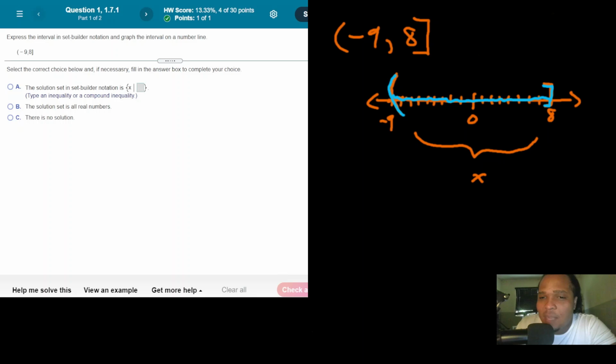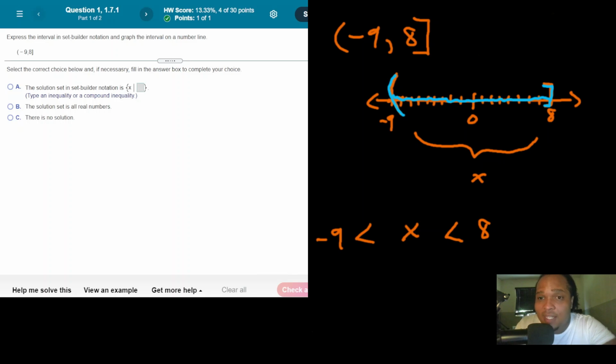So if you're going to use set builder notation, you start by writing your variable. And you're going to put your two alligator mouths going in that direction. Make sure they're both opening up to the right. And you go ahead and put the numbers on the outside that are on the ends. So we have -9, we have 8. And now you have to ask yourself, am I using an equal to symbol or am I not? So on the left side, that's a parentheses.